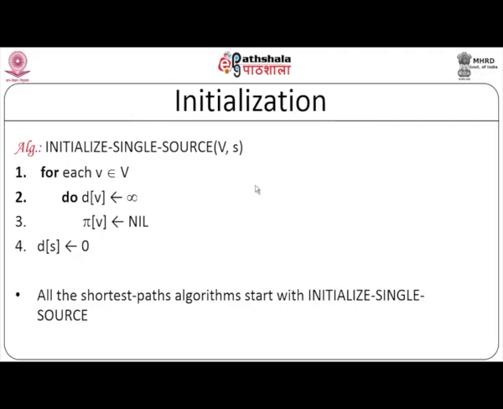And then we initialize d of s, where s is the source node, equal to 0. This is the initialization. All the shortest path algorithms start with this initialize single source module.